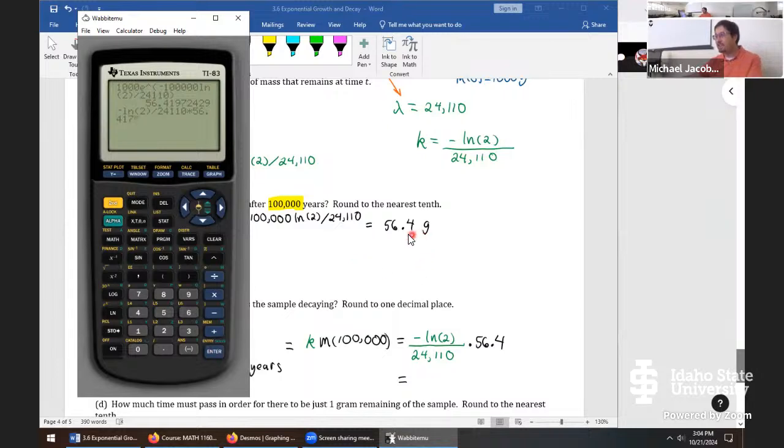So I'm going to get slightly more accuracy than what's being written here and here on paper. And it comes out at negative 0.0016.